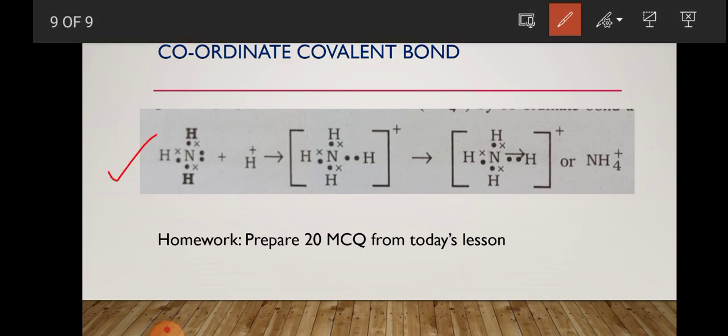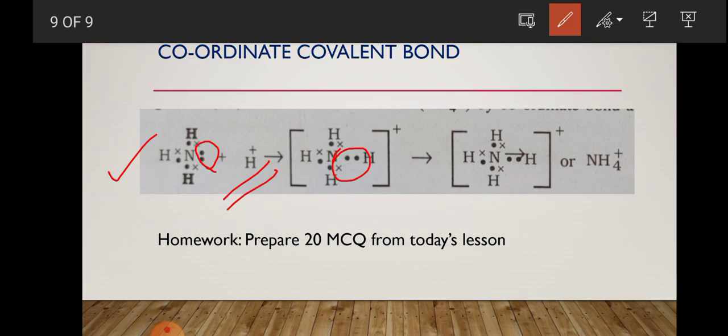Here the ammonia molecule, with its lone pair of electrons, here this pair is the lone pair, combines with a proton or hydrogen ion. This is a proton or hydrogen ion and it has no electron, to form the ammonium ion by coordinate bond.